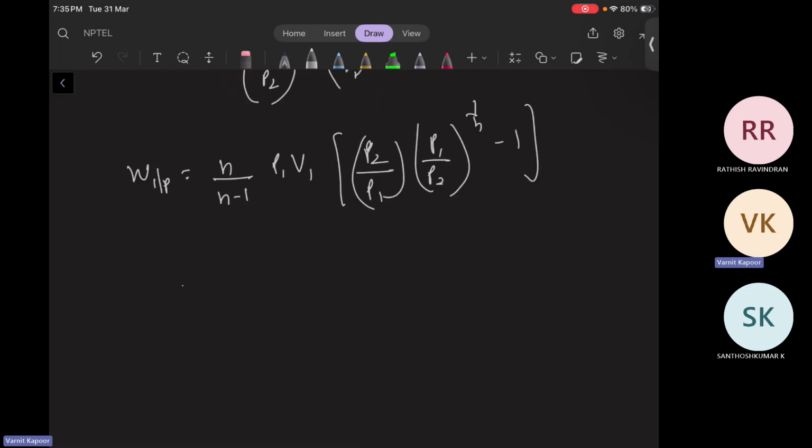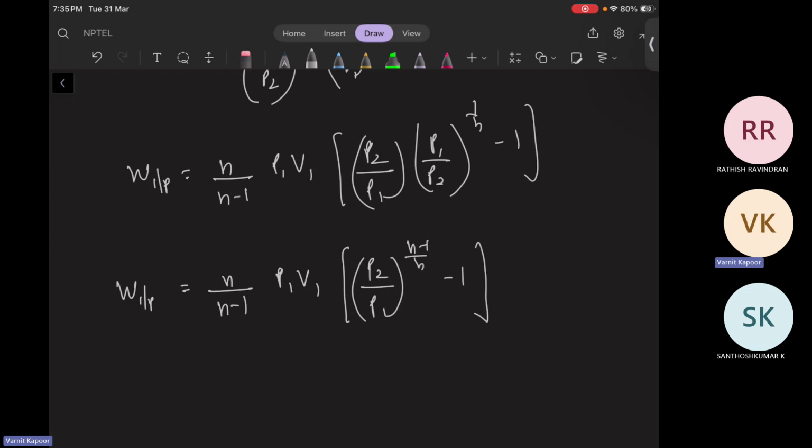And finally, on simplifying, your expression will come out to be n by n minus 1 times P1 V1 into P2 by P1 to the power n minus 1 by n, minus 1. And the units are joule per cycle. This is your final expression for work input for a compressor for the case if the clearance volume is 0. Okay, there is no clearance.